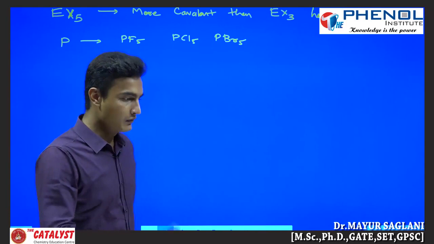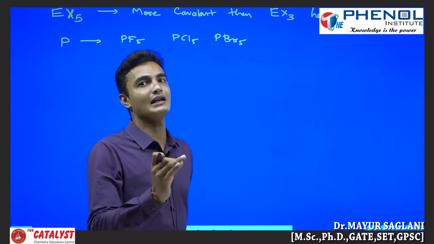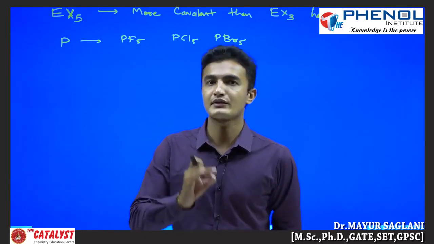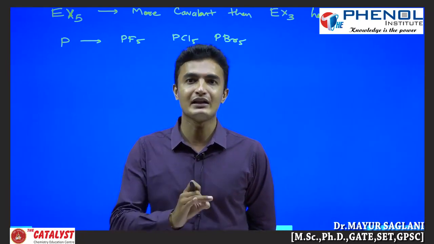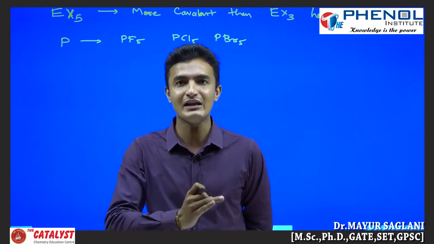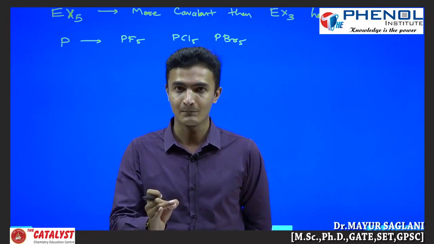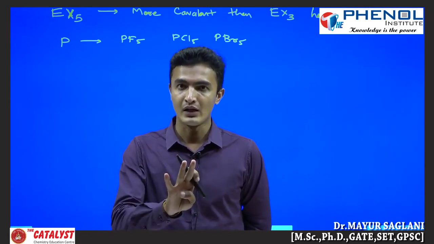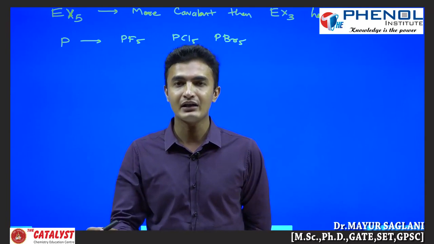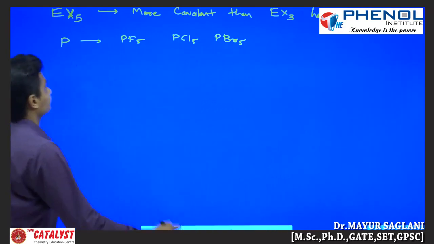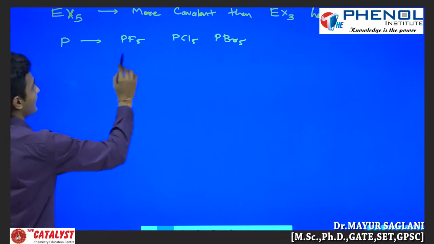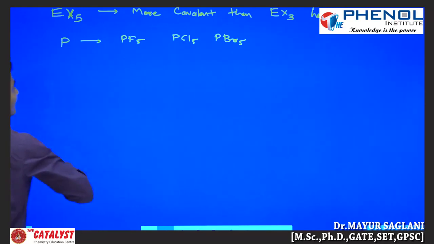We have already seen that in the head elements. Whenever we studied the boron family, I told you in the head element property that the maximum covalency for the head element of the p block family is 4, and for the other elements it could be 6, 8, 10, 12. So phosphorus forms PF5, PCl5 and PBr5.